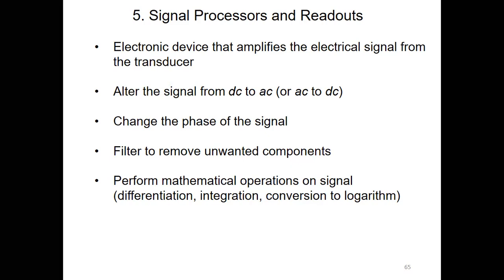So in the readout device, the electrical signal which is coming from the transducer will be changed from direct current to alternating current, or vice versa, alternating current to direct current.